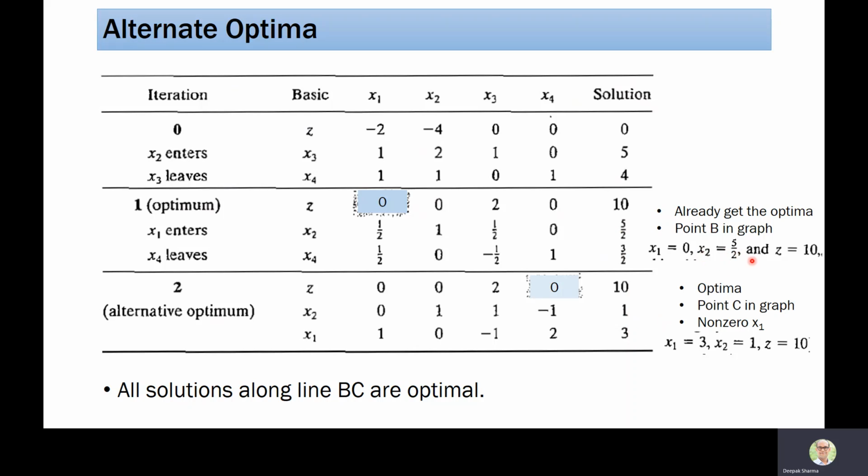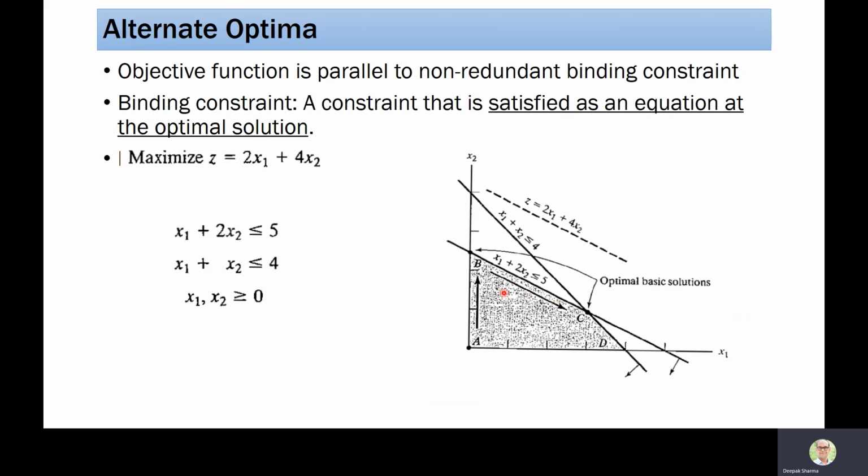Now, what are these two points? The first point corresponds to point B, and the other point corresponds to point C. Since our objective function is parallel to our non-redundant binding constraint, all the solutions lying on BC are optimal solutions. We know that the simplex method identifies corner points. In iteration 1, it already found point B as optimal.